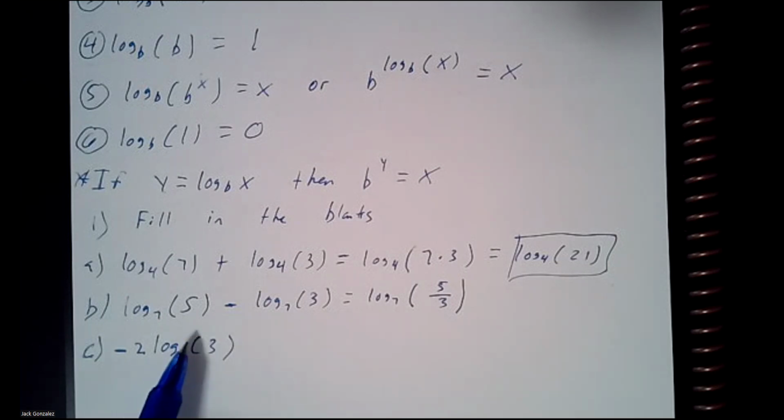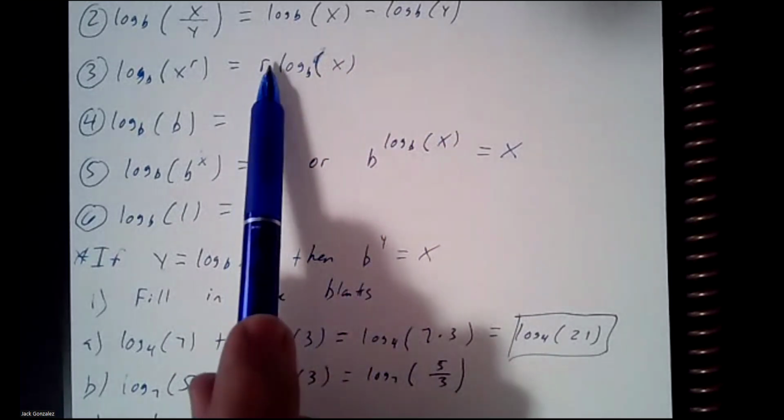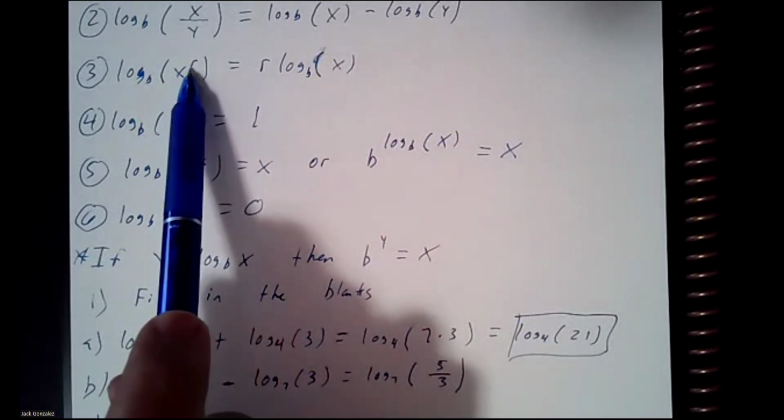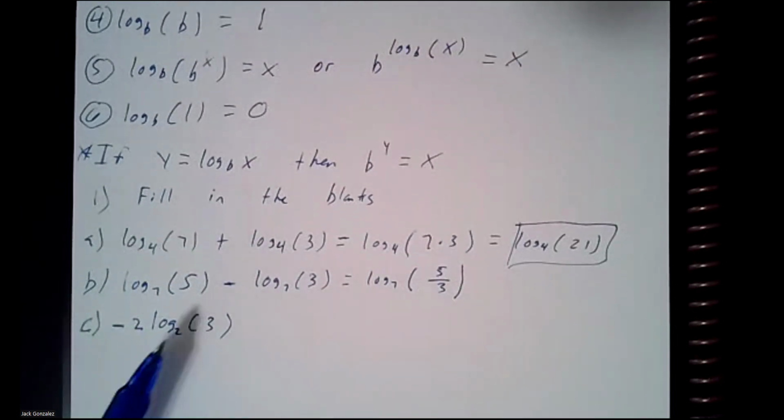So log base 2. So if you have a number in front, what does rule number 3 say? Right? And you can bring it up top. So if I have a number here, I can change it into a power there.